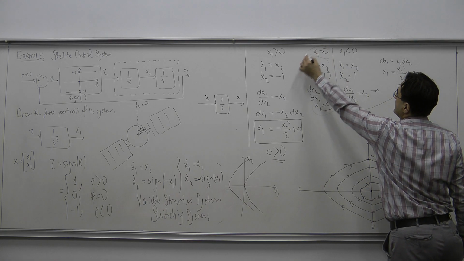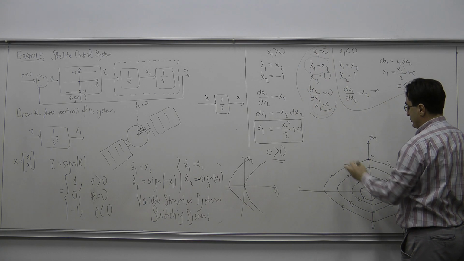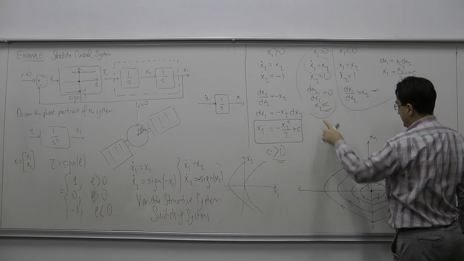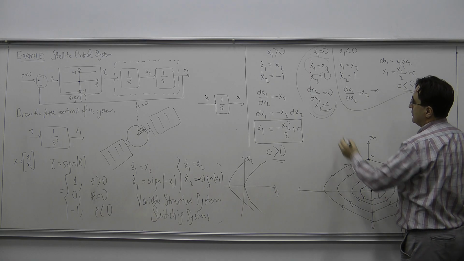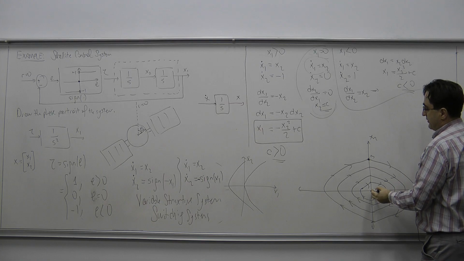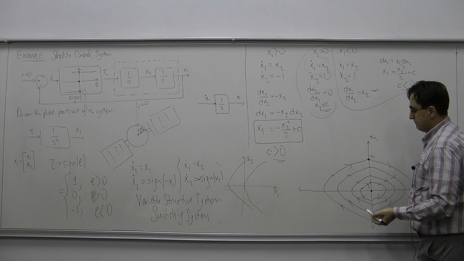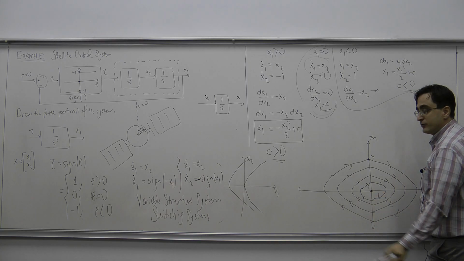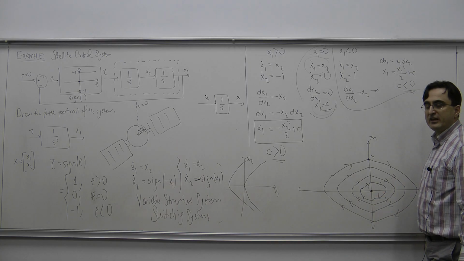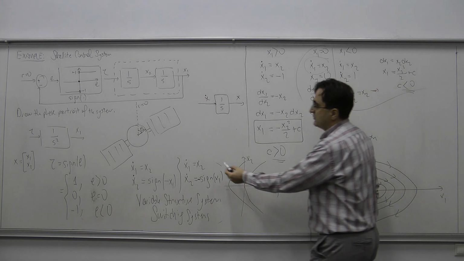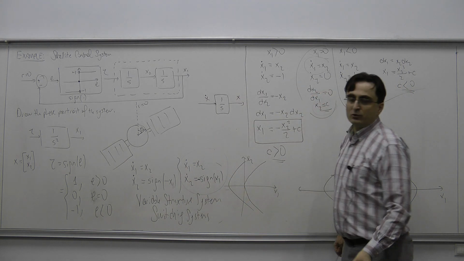Then this dynamics is valid. x2 is going to remain at a constant value, and that constant value is 0, and x1 is going to remain at a constant value, and that constant value is 0. But what does that mean? If the system reaches here, then it's going to remain there. What is the meaning of this? It means that this system has an equilibrium point at the origin.